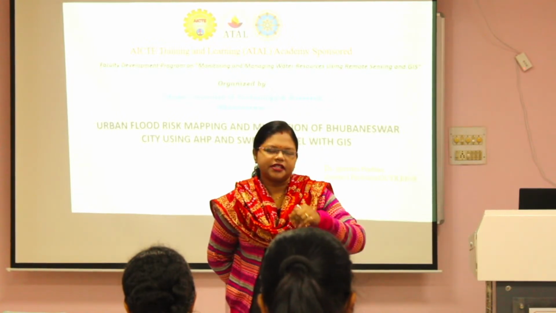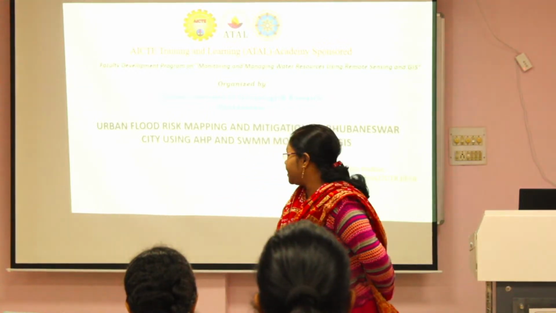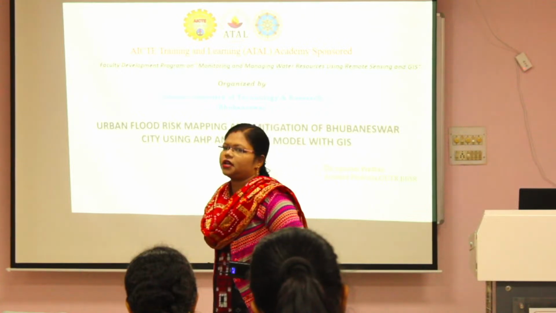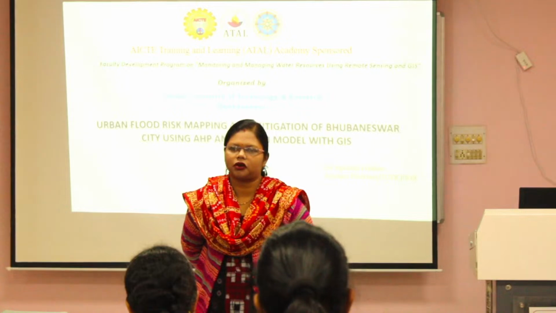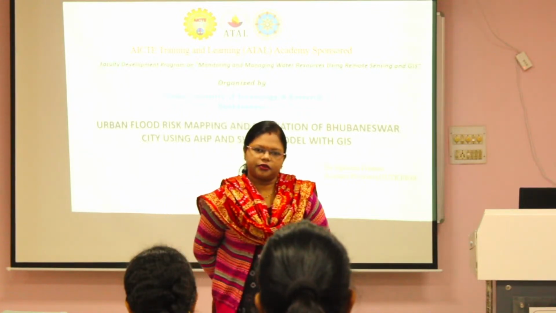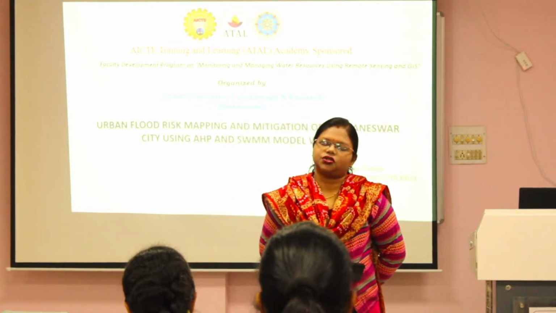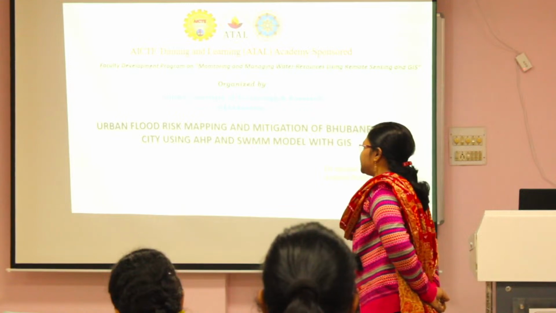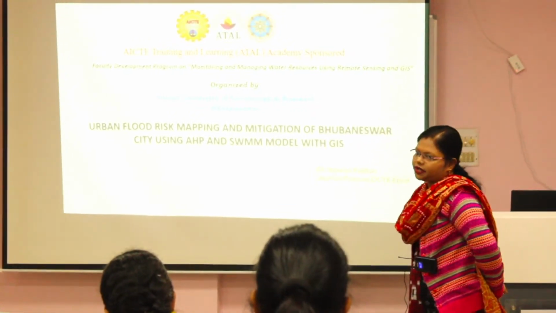Along with it we use AHP, the analytical hierarchical process, and SWMM, the Storm Water Management Model, which is a software. Using these three things, we can do risk mapping and approach mitigation.